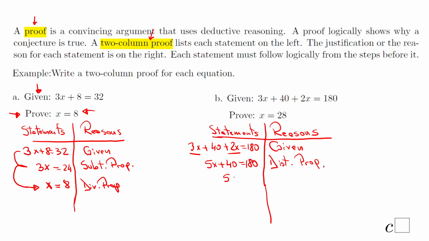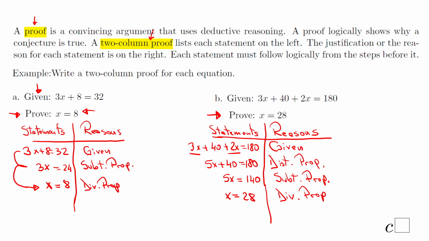So we have only 5x here, and 180 minus 40, 140. And this will be the subtraction property. And the last step to solve this equation is divide by 5, and we get x equals 28, which again, if you notice, is right here what we need to prove. And the reason for doing what we did was the division property.